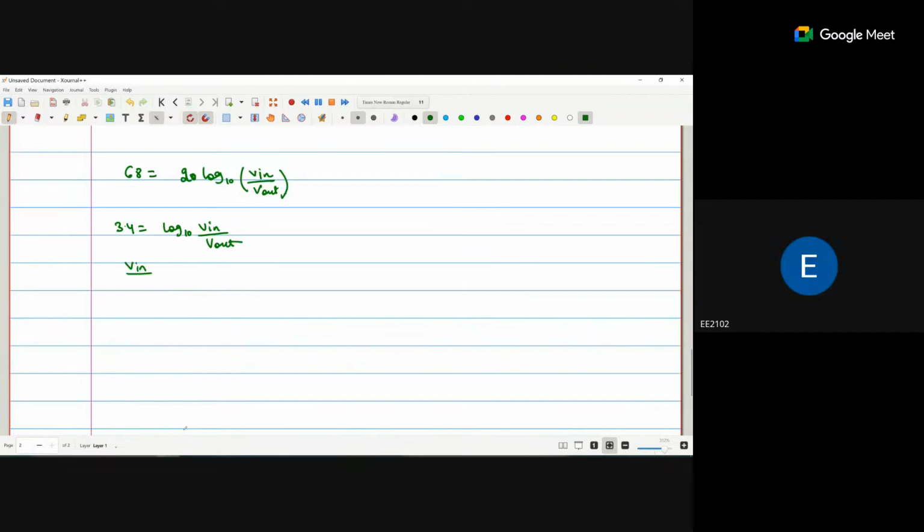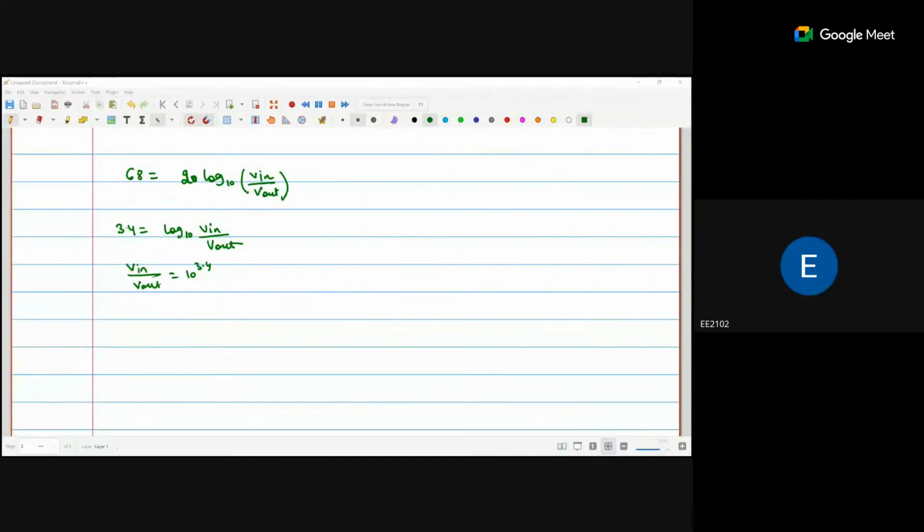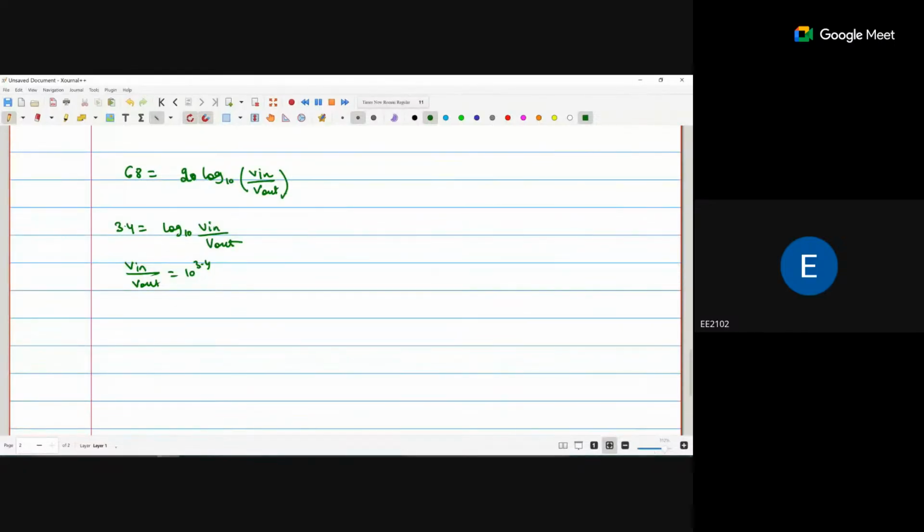So Vn upon Vout is 10 raised to the power 3.4. Now the value of the input voltage is given. So Vout is equal to Vin divided by 10 to the power 3.4.